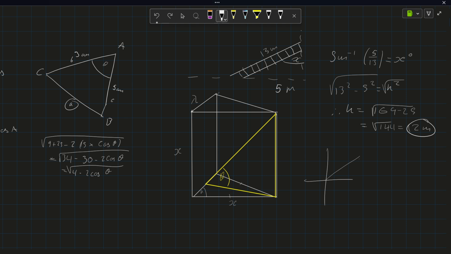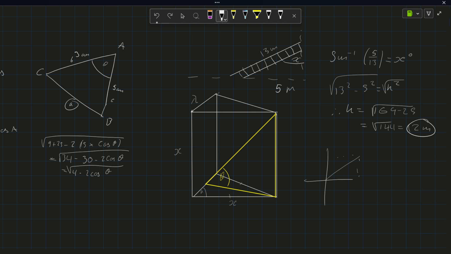You can do it however you like. Doesn't really matter. You could do that using theta.